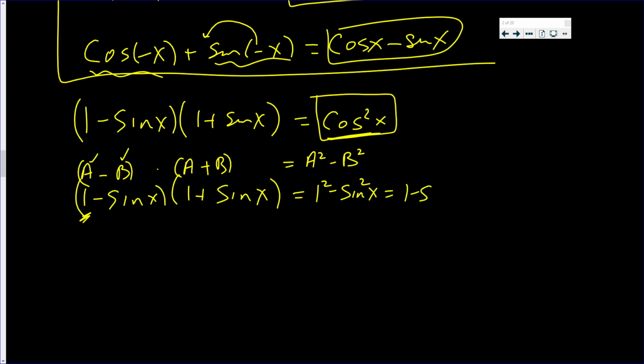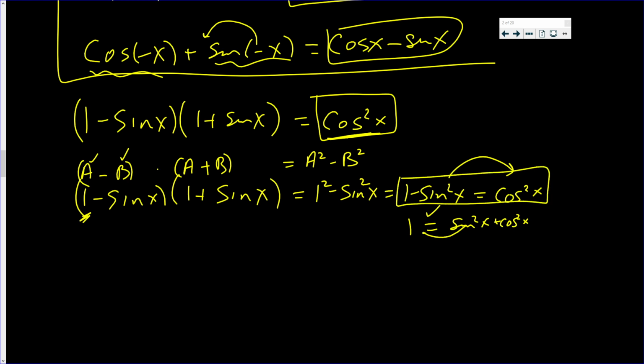That is, it's 1 minus sine squared x. But that is cosine squared x. Because if you brought that to the other side, you would have 1 is equal to sine squared x plus cosine squared x, which we know is true. So if you bring it back, you get this, which is true. 1 minus sine squared x is cosine squared x. And that is what we were asked to show.